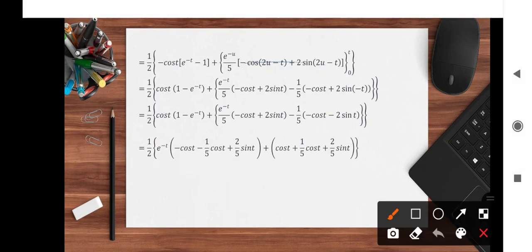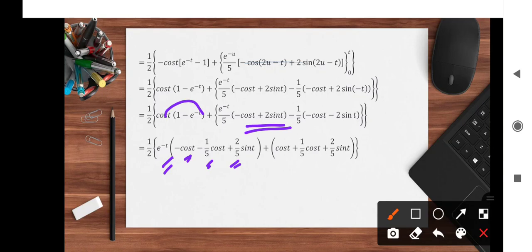Here I have collected the terms with e raised to minus t as a common factor. So e raised to minus t outside the bracket, minus cos t will be the uncommon factor. From this one, minus 1 by 5 cos t and plus 2 by 5 sin t.